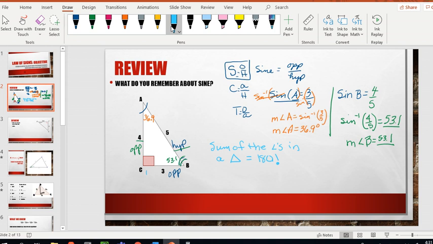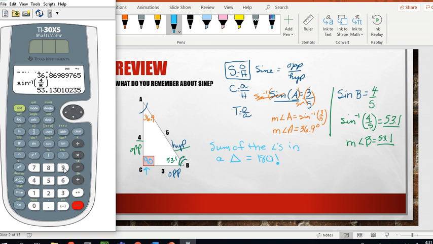So what is this angle right here worth at C? Well, there's a box. You better know it's 90, okay? So if I take my calculator and I add up 90 plus 53.1 plus 36.9. Oh my gosh, I got 180.